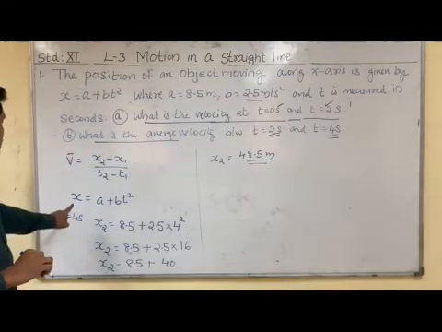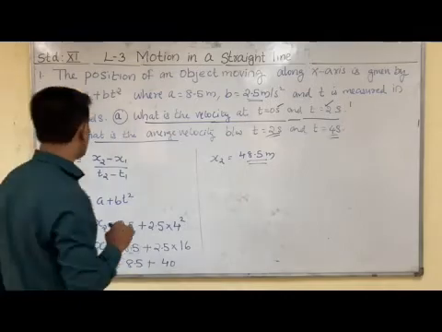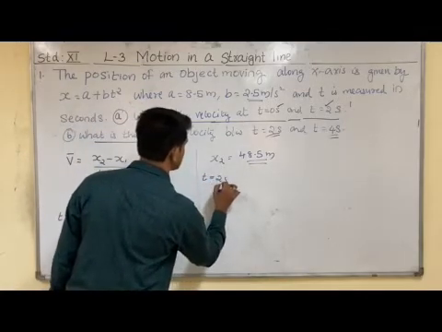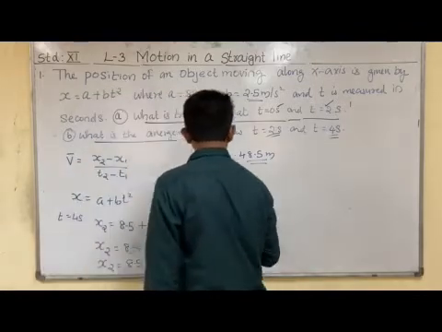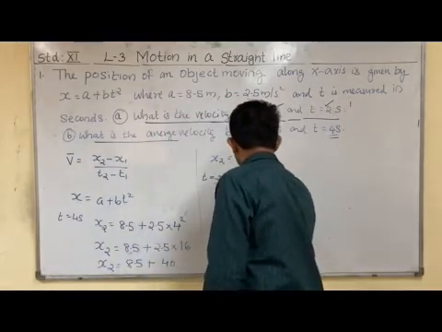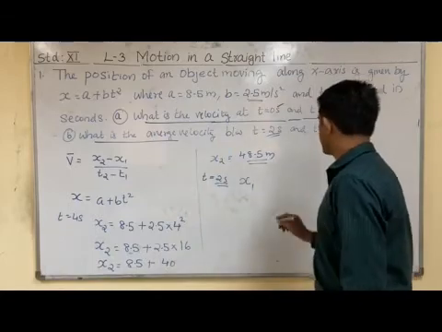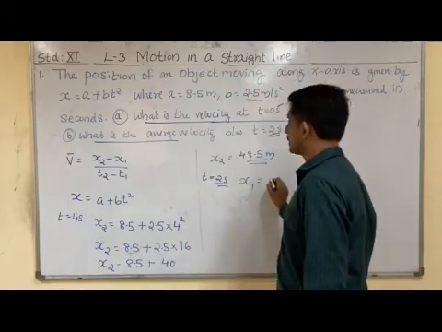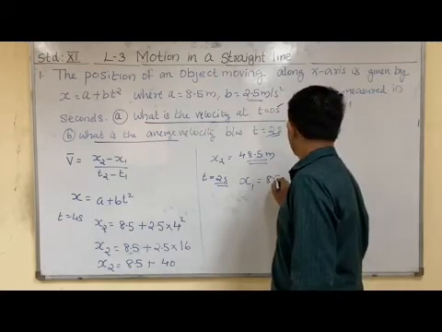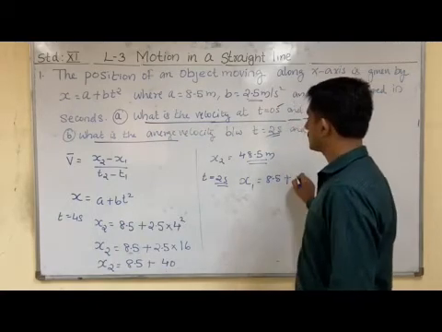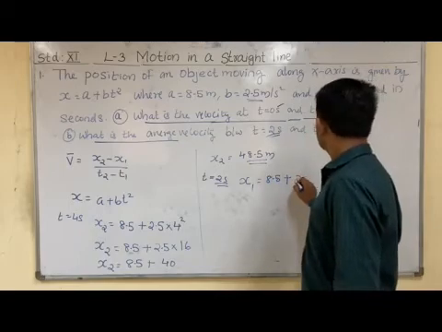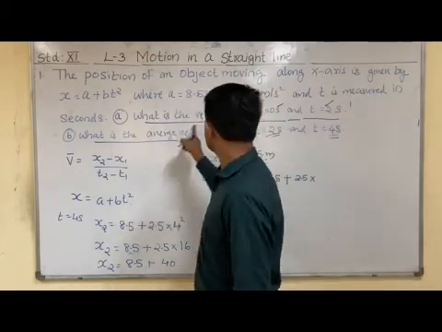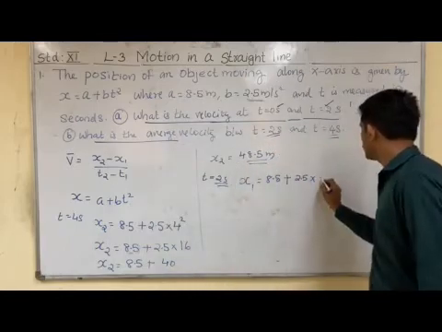Now in the same way, what is the value of x1? When time t is equal to 2 seconds, the corresponding value is x1. So x1 is equal to a plus bt square only. That means a is given as 8.5 plus b is given as 2.5 into t square, and here t square is 2 square.